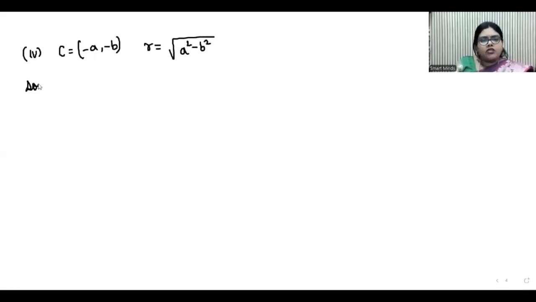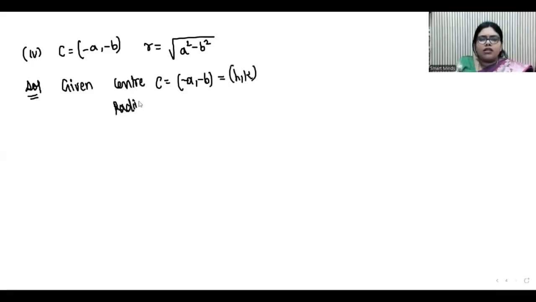Take the next question. Center is minus a comma minus b. Radius is root over a square minus b square. So given center C is equal to minus a comma minus b. Let's take this as h comma k. And radius r is equal to root over a square minus b square.